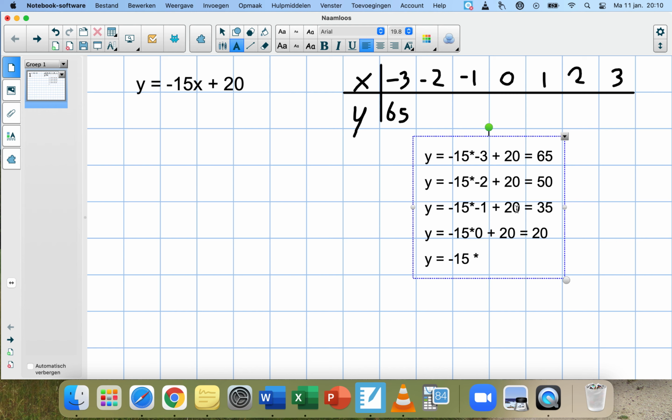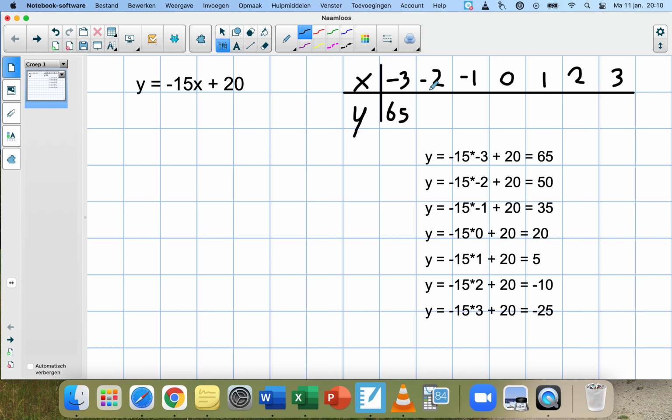Minus 15 times 1 plus 20 is minus 15 plus 20, so that becomes 5. Minus 15 times 2 plus 20 is minus 10. And the last one to calculate, minus 15 times 3 plus 20 is minus 45, plus 20 is minus 25.